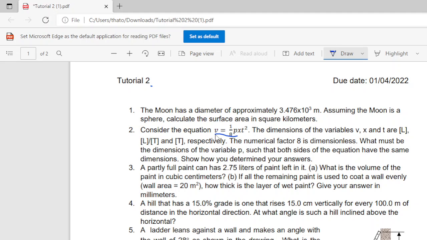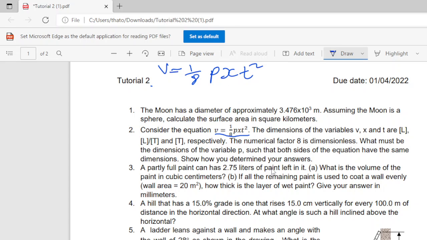They further give you the dimension of each variable, of which we have v, x, and t as our variables, with dimensions l over t and t respectively. So the equation is v equals 1 over 8 p x of t squared.